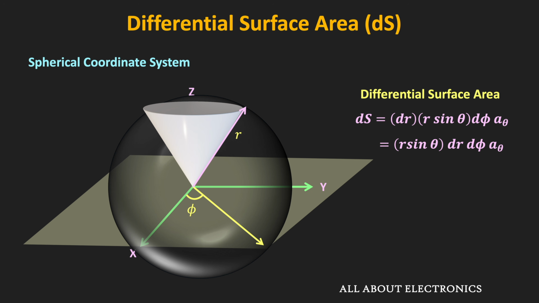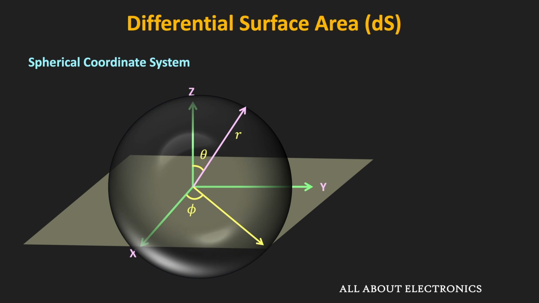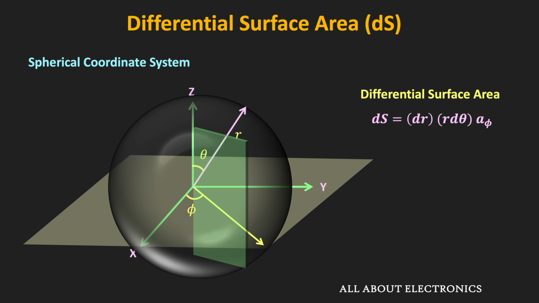So likewise, if we keep the variable phi constant and change the r and the theta, then we will get this plane. So for this plane, the differential surface area can be found by multiplying the differential lengths in the r and the theta direction. So we know that the differential length in the r direction is equal to dr, and likewise, the differential length in the theta direction can be given as r times d theta, and this surface area will point in the direction of the a phi.